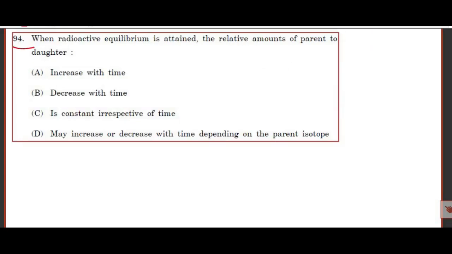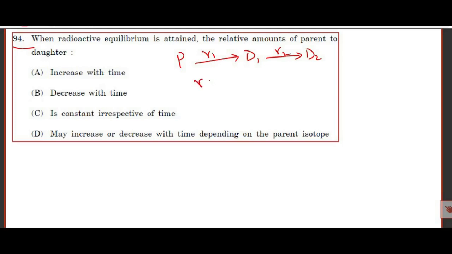Question number 94. When radioactive equilibrium is attained, the relative amount of parent to daughter nuclei: increases with time, decreases with time, constant, may increase or decrease. Here, let us take the parent nuclei. At rate R1, it converts into daughter nuclei D1, and again at rate R2, it gives another daughter nuclei D2.